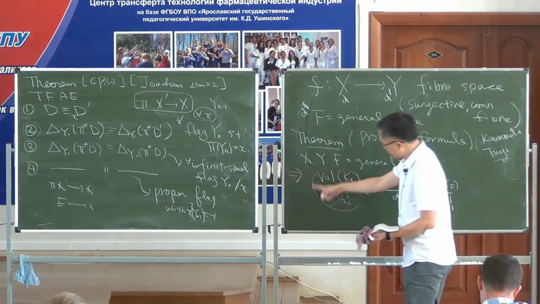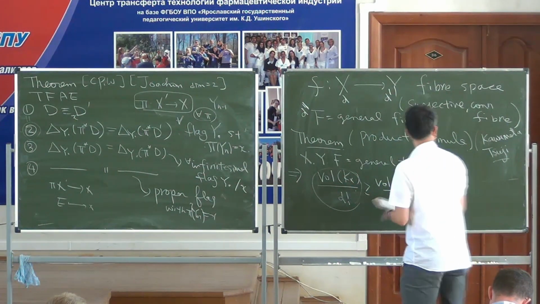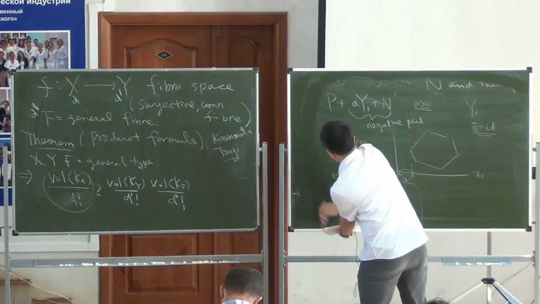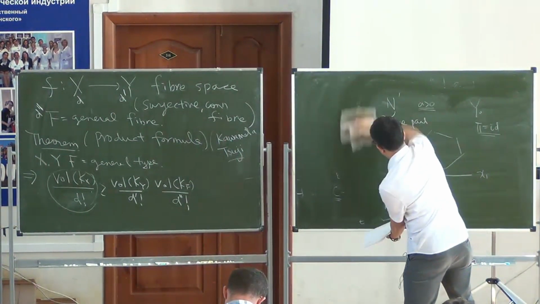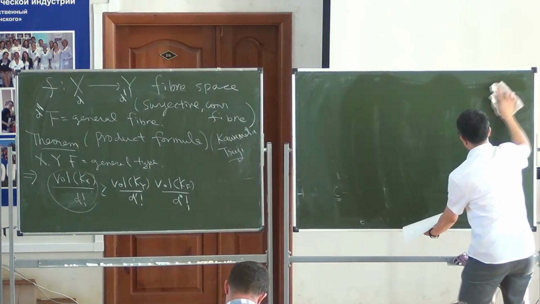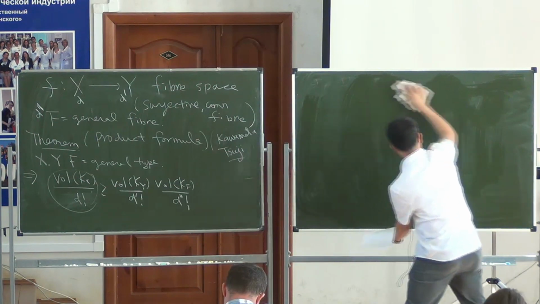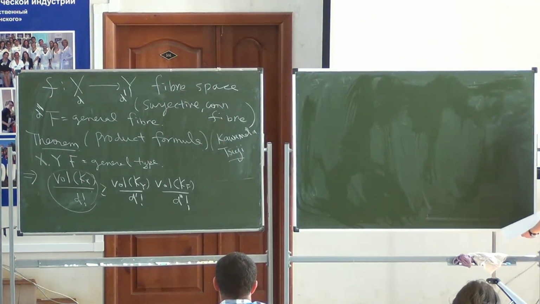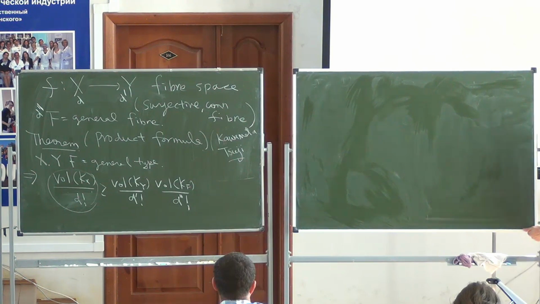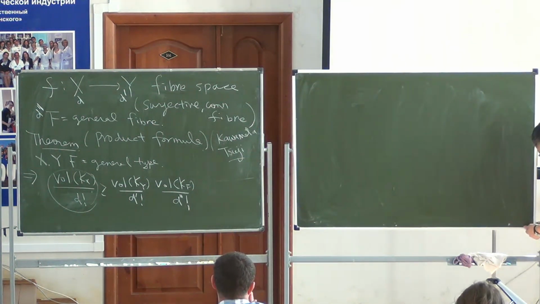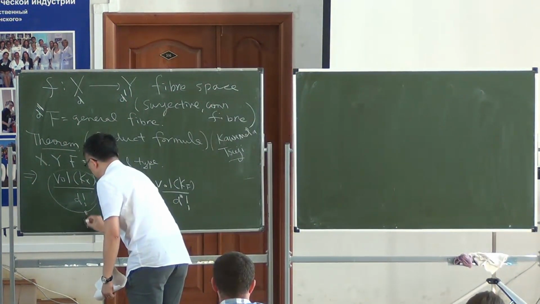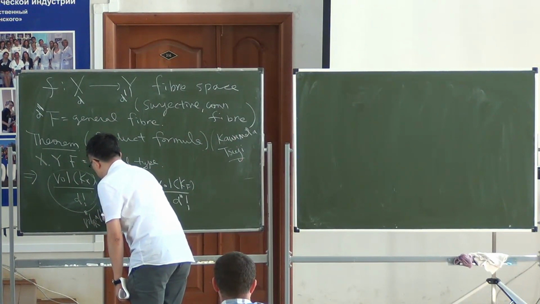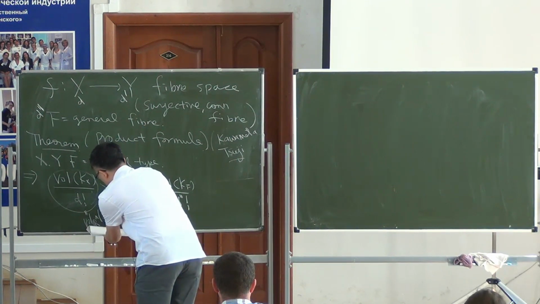This is actually the Euclidean volume of the Okounkov body for Kx, of some flag.